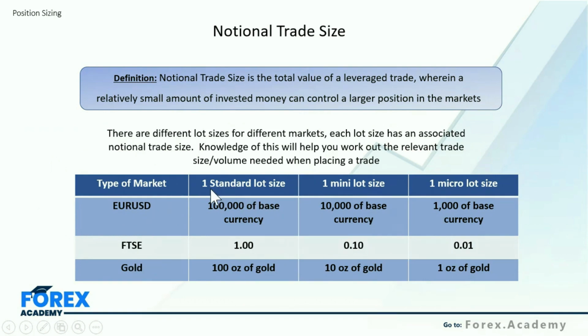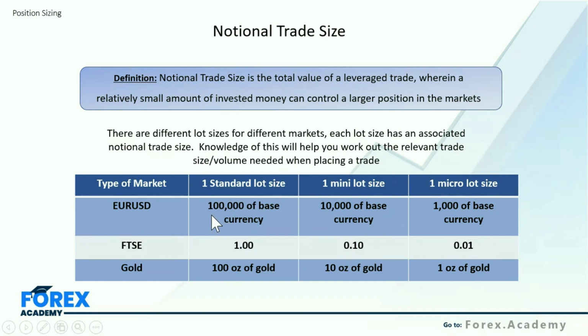But you can identify that there is a different notional trade size depending on the size of the trade you happen to be trading. So if you're trading one standard lot size of euro dollar, what you're actually trading is 100,000 euros, which happens to be the base currency. So that's what you're effectively doing if you happen to be trading one standard lot size.